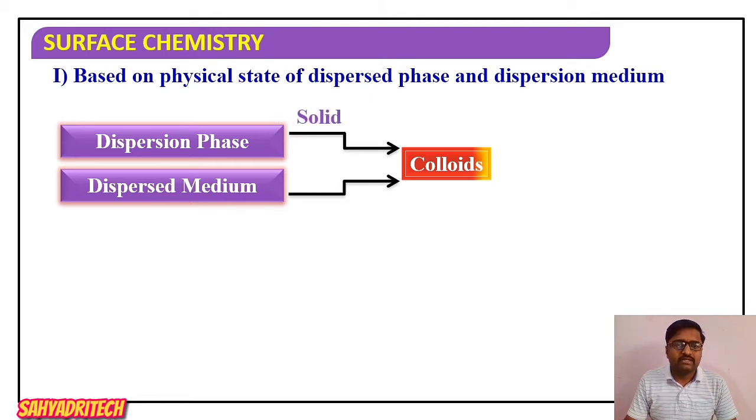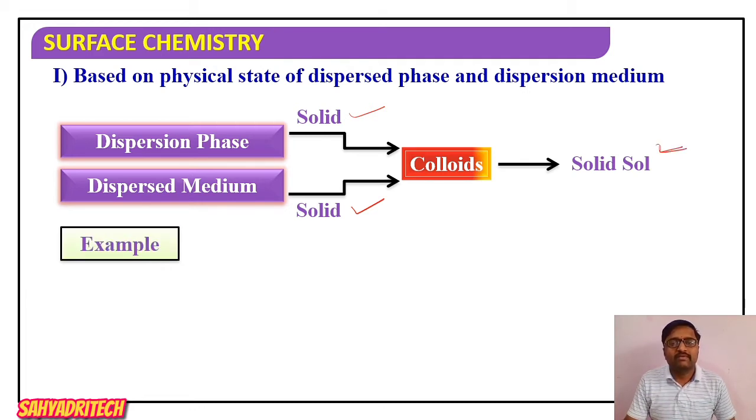If both the dispersed phase and dispersion medium are solids, then the resultant colloidal system is called solid sol.